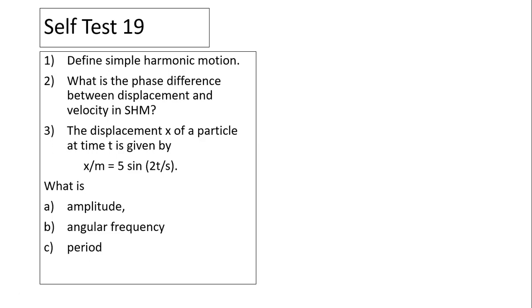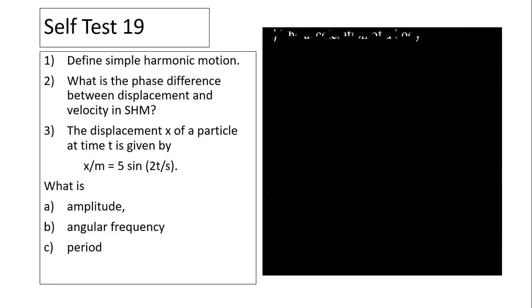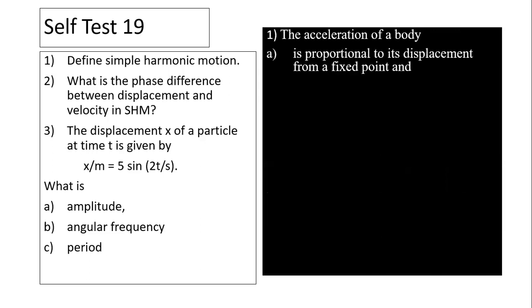All this memory work, you have to study. Must be at your fingertips. Acceleration is proportional to displacement from a fixed point, always directed towards a fixed point. The phase difference between velocity and displacement, which we will study later on, is 90 degrees.